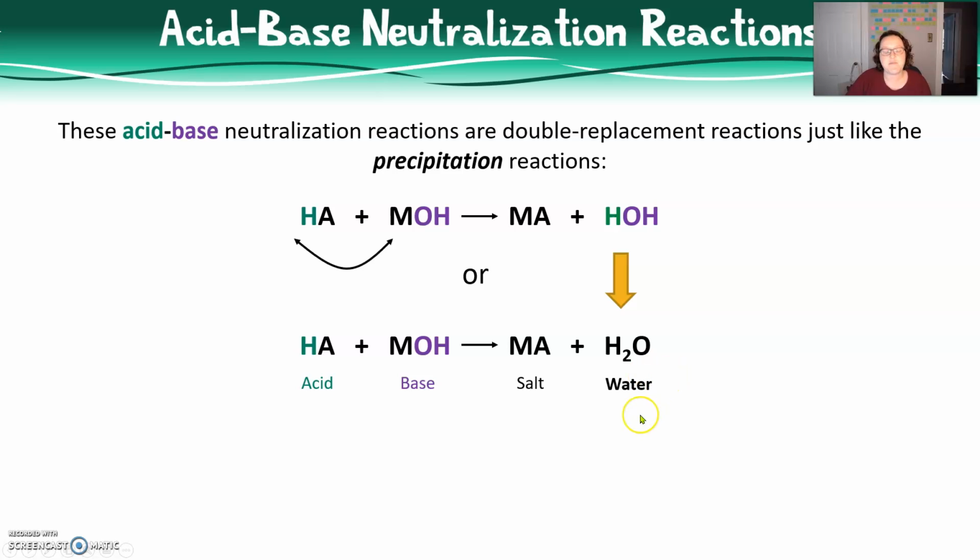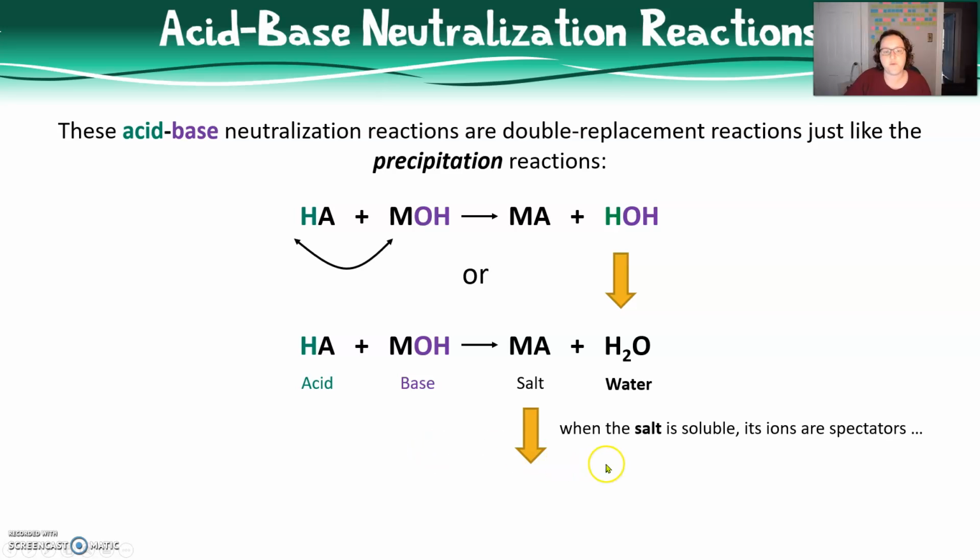So we call this type of reaction a neutralization reaction, as it takes an acidic solution and a basic solution and neutralizes them by creating water. This will occur regardless of whether the acid or base is strong or weak, although you'll learn in Gen Chem 2 that not all neutralizations will yield a neutral pH, but that's a topic for the next class.